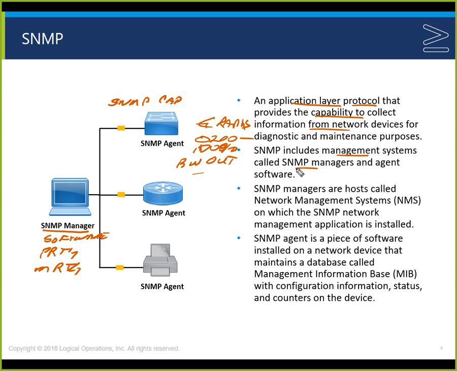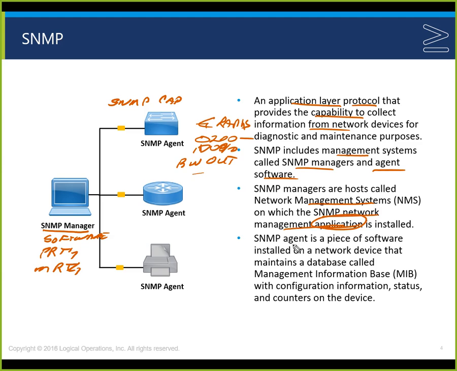They include management systems called the managers and agent software. Agent software is SNMP capable. SNMP managers are hosts called a network management system, on which the SNMP management application is installed.